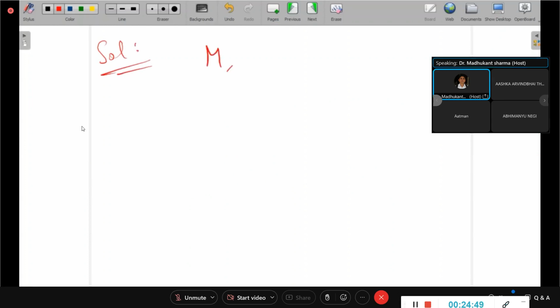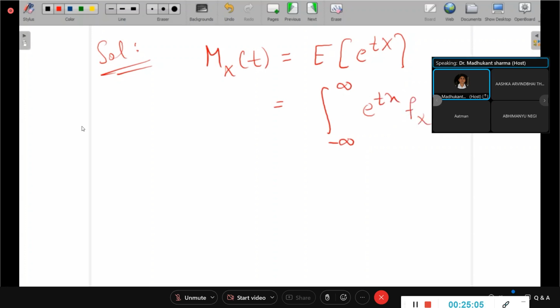You just have to follow the definition: the expectation of e to the power tX. This equals the integral from minus infinity to plus infinity of e to the power tx times f_X(x) dx. Now f_X(x) is non-zero only between 0 and infinity, and the rest is zero.